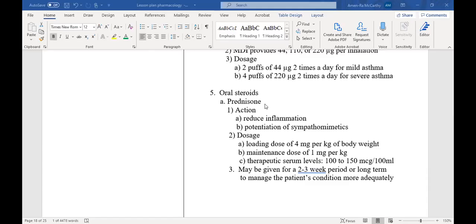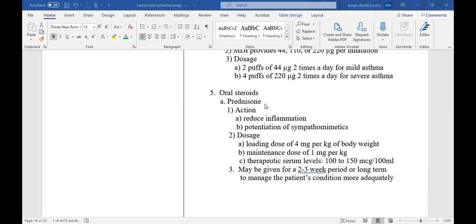So in the hospital, they give you a loading dose. The loading dose for prednisone is 4 milligrams for every kilogram of body weight. So if somebody weighs, or a dog or something is 20 kilograms, you're going to give them 80 milligrams, right? 20 times 4 is 80.